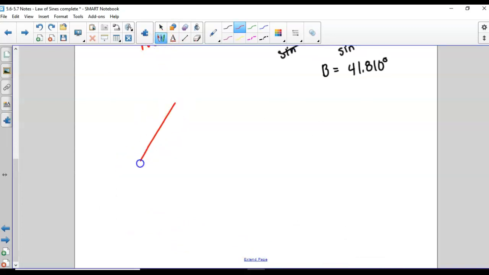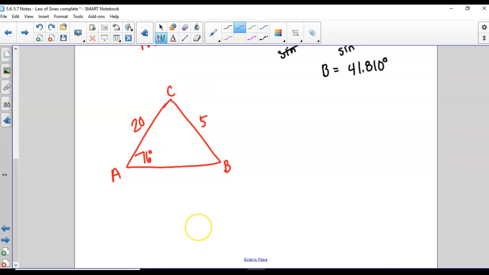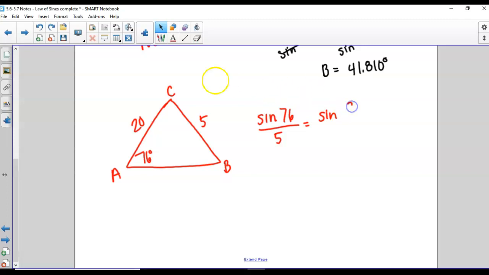Let me see. Well, there's one I didn't assign to you. Let me just show you another one real quick so you can see what usually happens. Like, let's say I have angle A is 76 degrees, side A is 5, side B is 20 here. So if I were solving this, I would do sine of 76 over 5 equals sine of B over 20.